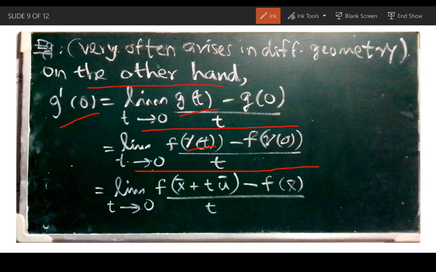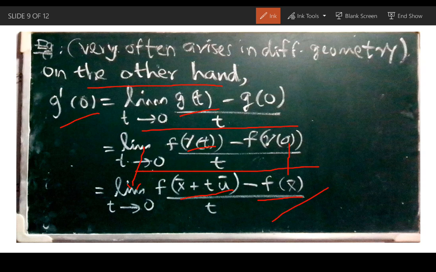Gamma of t is a straight line for the time being, parameterized in this way. So this limit is equal to limit t tends to 0, f of x plus tu minus f of x divided by t, because when time t equal to 0, the particle is at x. Gamma of 0 is x. Understood?